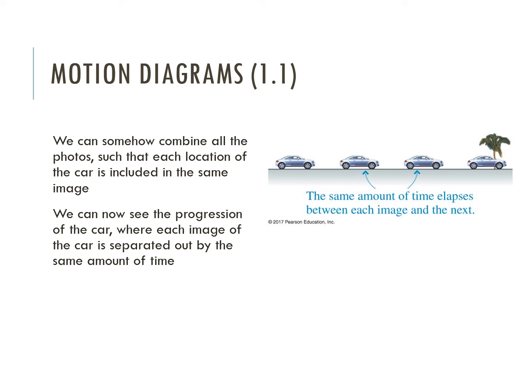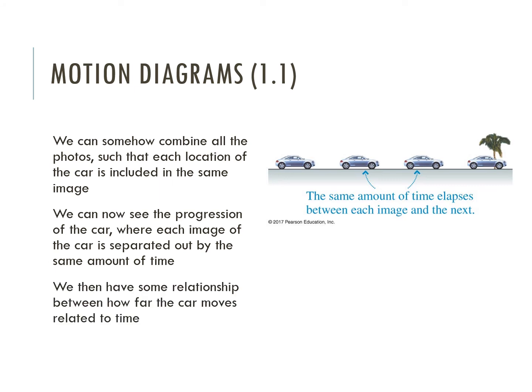By having the same amount of time, we're going to be able to do calculations more accurately. So, again, we have some relationship between how our car moves related to time.